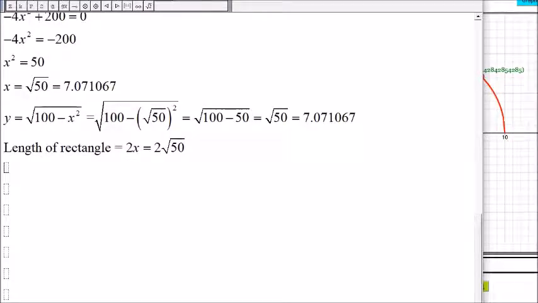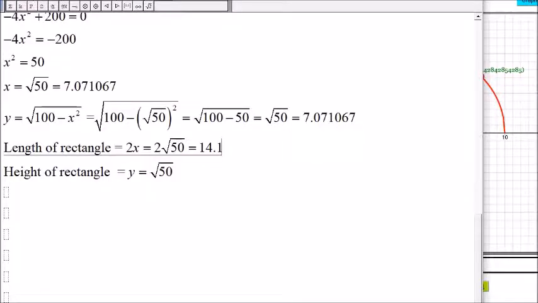And the height of the rectangle is y, which is the square root of 50. This is approximately 14.2135.